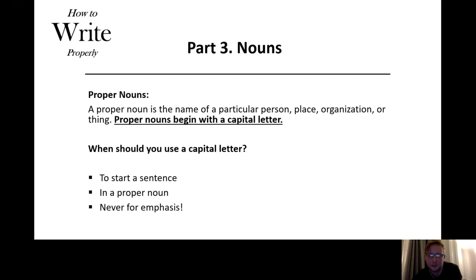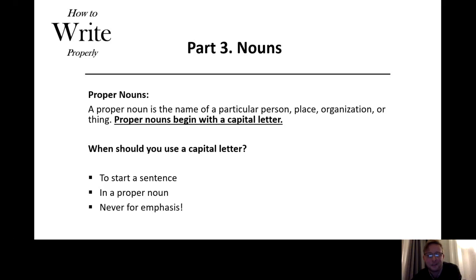Now, as it said in that dictionary definition, proper nouns begin with a capital letter. So there's actually only a limited number of times where, if you're writing properly, you would need to use capital letters. One of those times, as we'll talk more about when we get to building a basic sentence at the end of this week, is to start a sentence. So a capital letter signifies that a sentence has begun, and a full stop or period, if you're American, demonstrates where that sentence has ended.